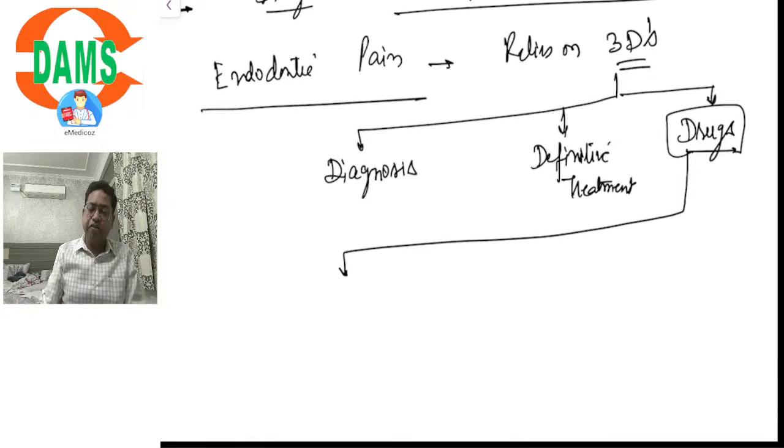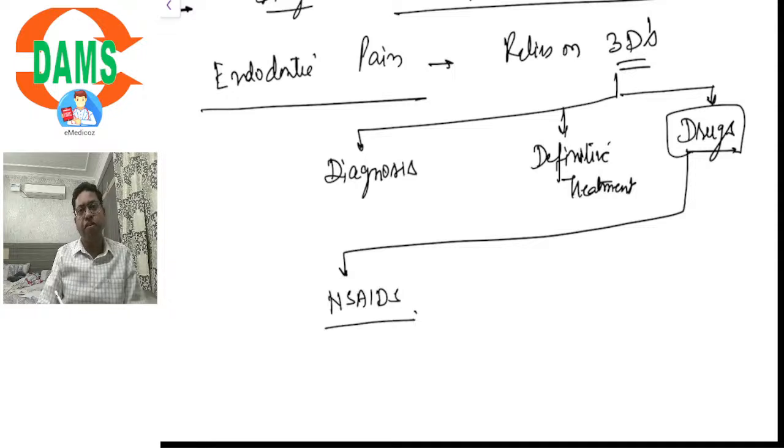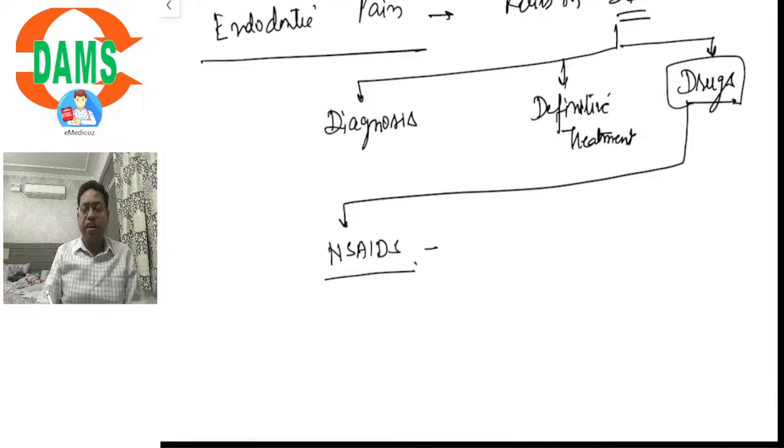The most commonly used drugs are non-steroidal anti-inflammatory drugs for endodontic pain control, preoperatively or postoperatively. There was a big study conducted, called the Oxford league table study, to find out the efficacy of different non-steroidal anti-inflammatory drugs for endodontic pain control.